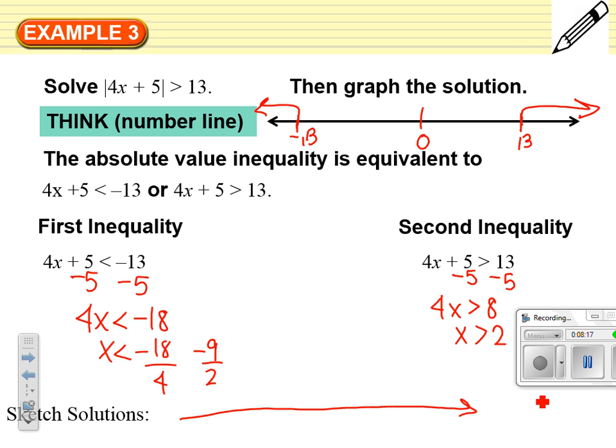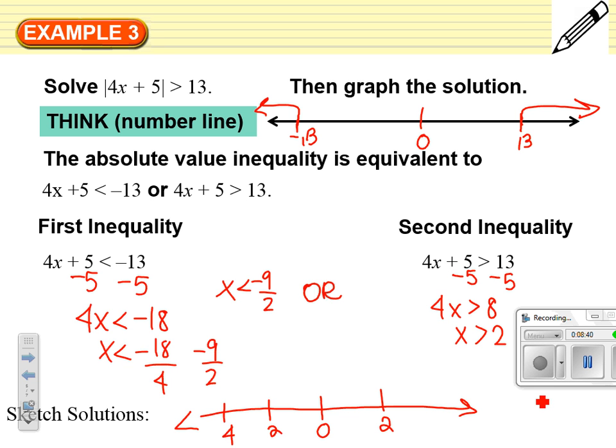Okay, so now we'll graph it. So I have x is less than negative 9 halves or x is greater than 2. Okay, so here's 0, here's 2. Sometimes it pays to know that you're doing something wrong when it doesn't work out quite right.